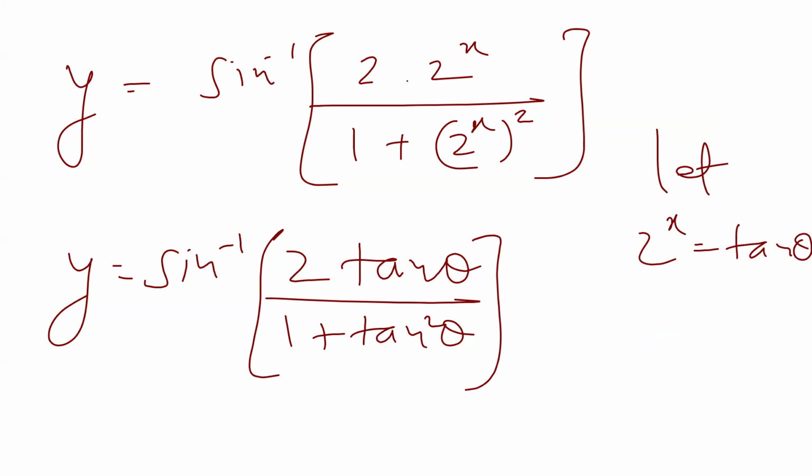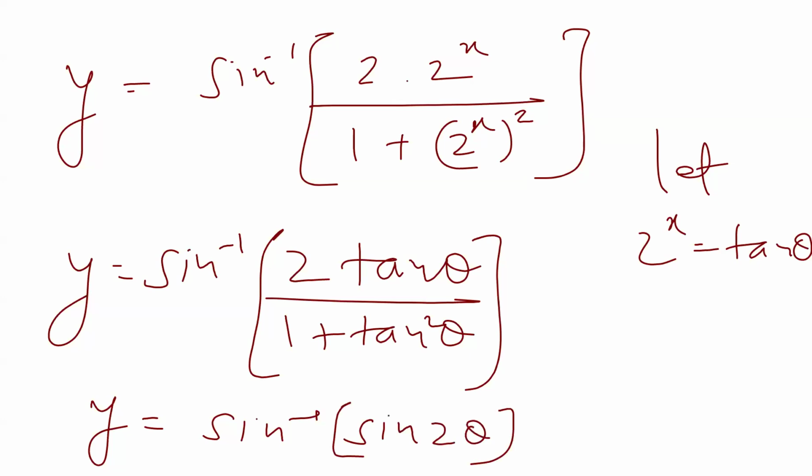Now 2 tan theta upon 1 plus tan square theta is nothing but sine 2 theta. This is the half angle formula of sine 2 theta. I hope you are understanding this.